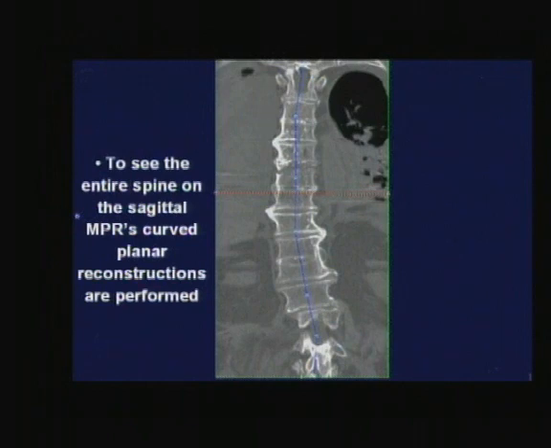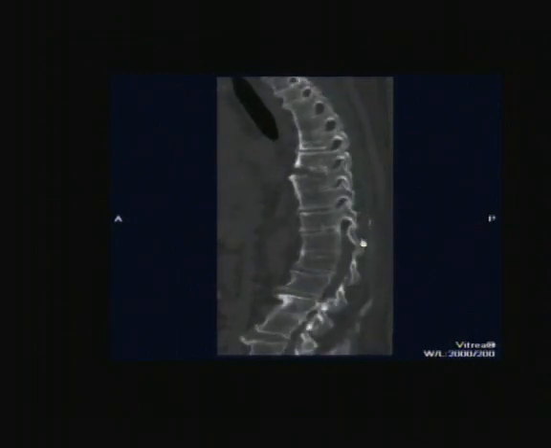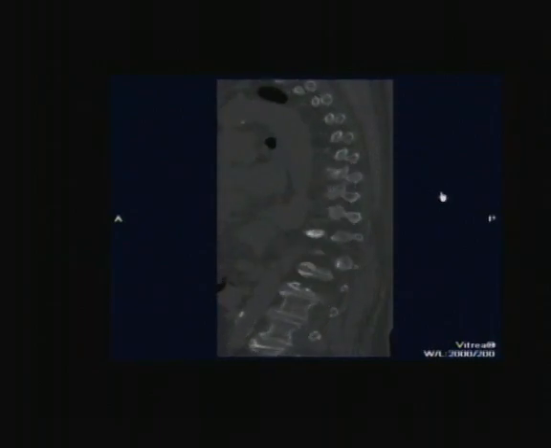And this is what you see on the coronal, but because we want to look at the sagittal all in one piece instead of bits and pieces, we do what we call curved planar reconstruction, which is a trick we borrow from our angiographers. And this is what you will see. This is the fracture here, the posterior fracture dislocation.